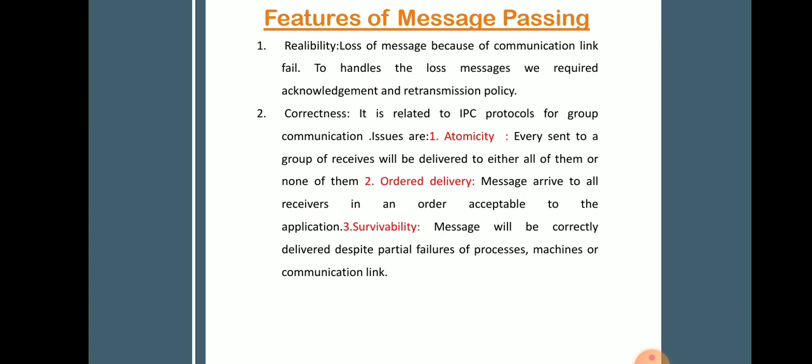Then order of delivery. The messages received by all of the receivers are in the order expected by the application. And the last one is survivability. That is, the message will be correctly delivered despite partition failure of the processes, mechanisms or communication failure.